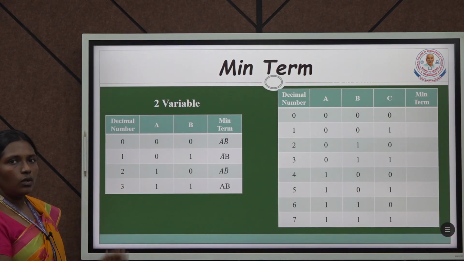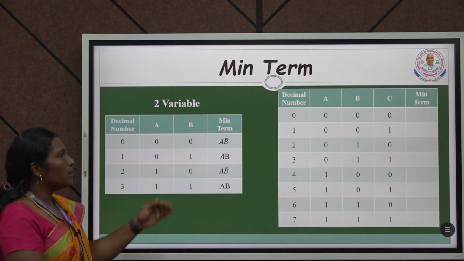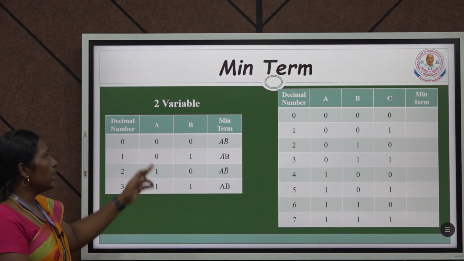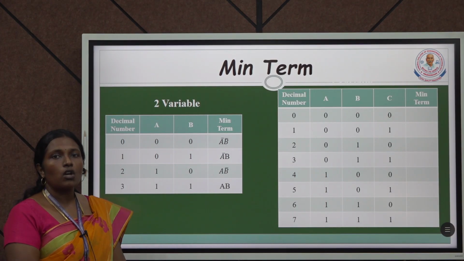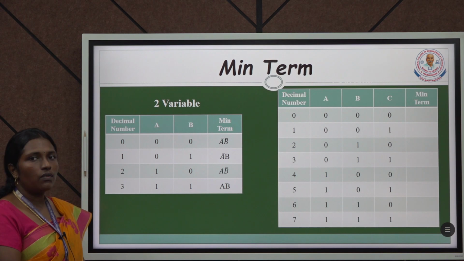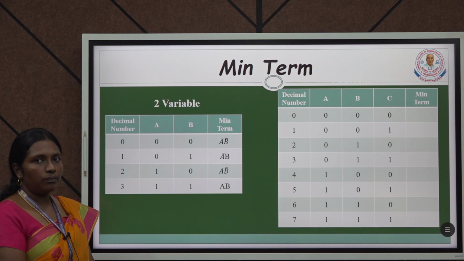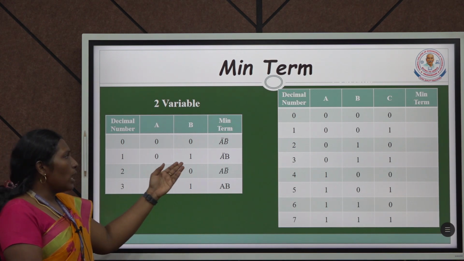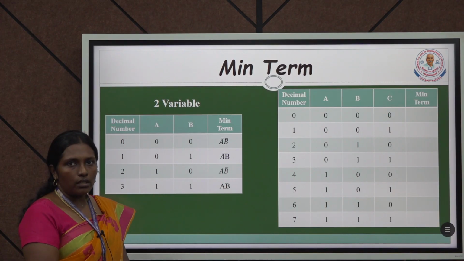For this particular input we will get the min term. The 0 is taken in complemented form, that is we will mention it with a bar. For 1 it is uncomplemented.